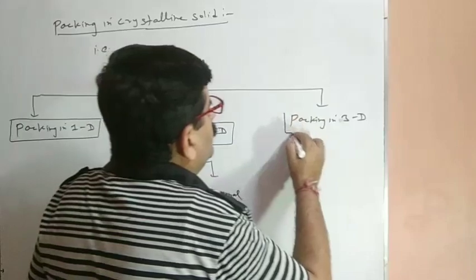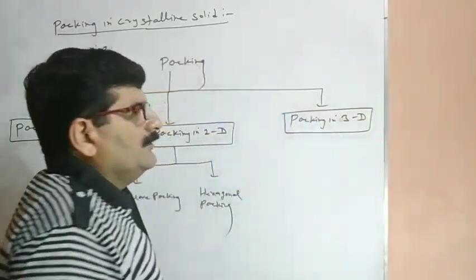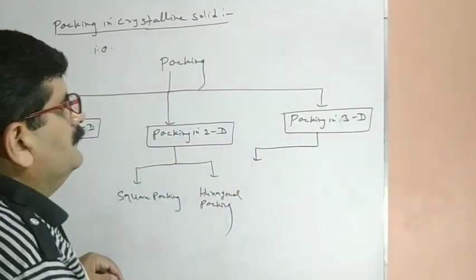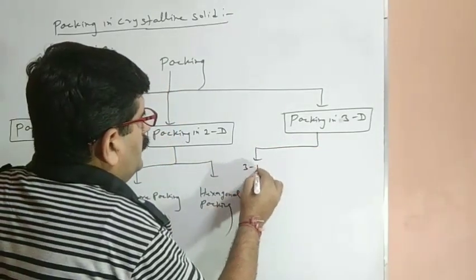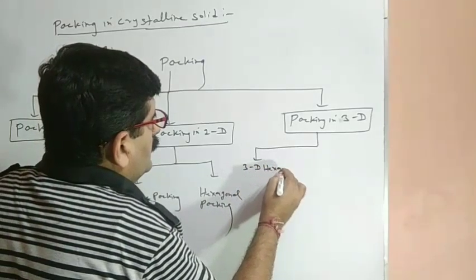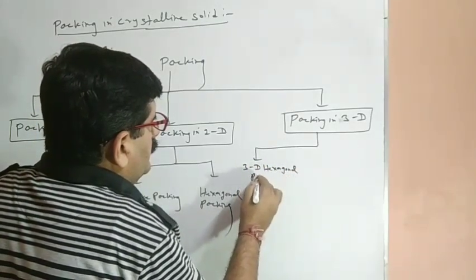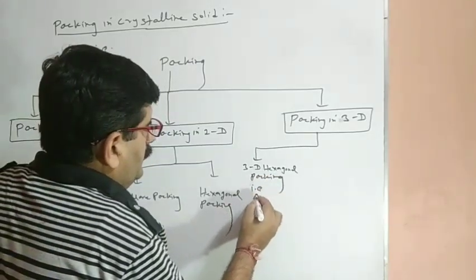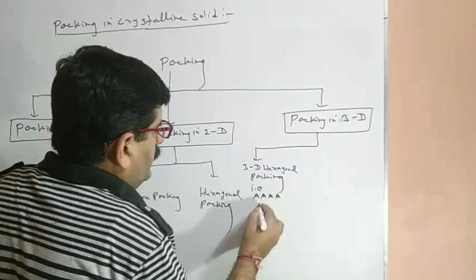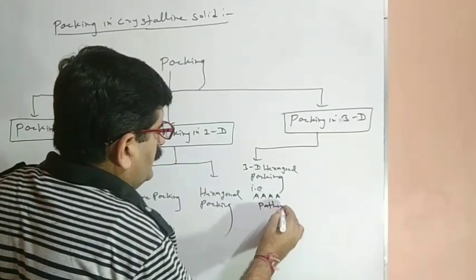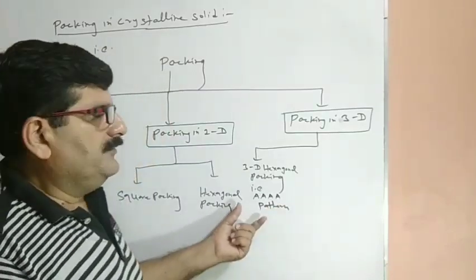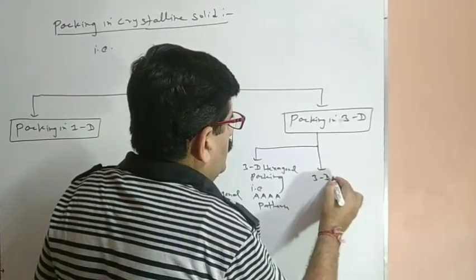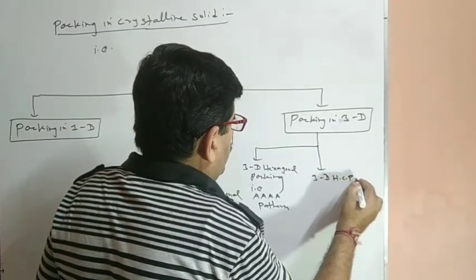Packing in 3D is of three types. The first one, 3D hexagonal packing, that is AAAA pattern. Atoms are arranged in such a manner. Second one, 3D SCP pattern.